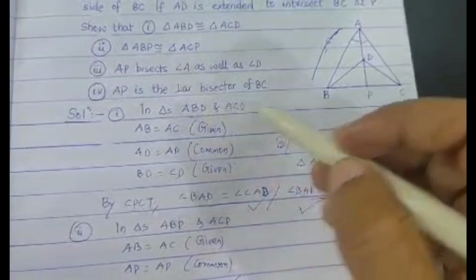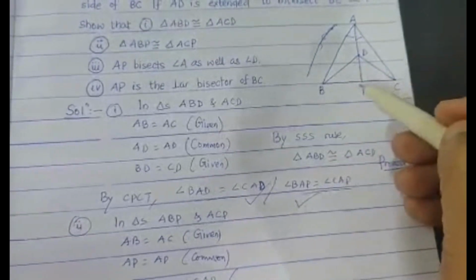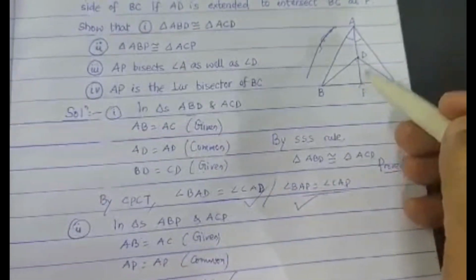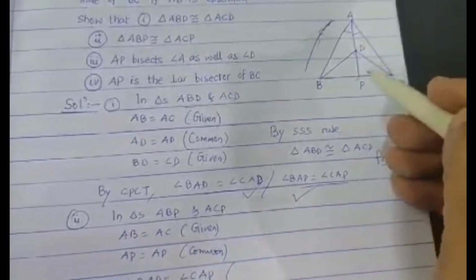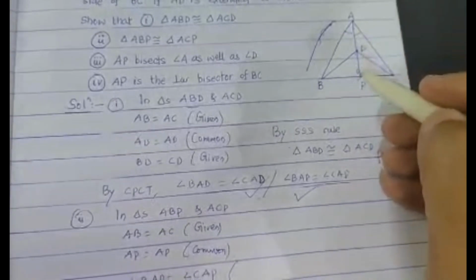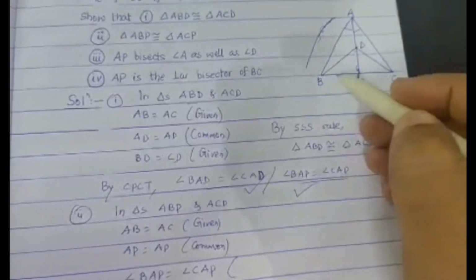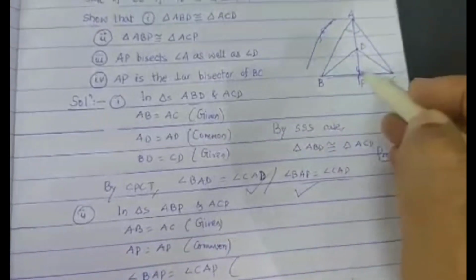Now the fourth one is AP is the perpendicular bisector of BC. Since this is the angle bisector of these two triangles, this AP will be the perpendicular bisector of this side. This is the property.